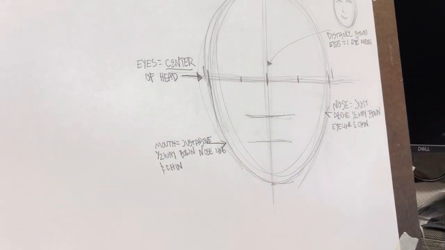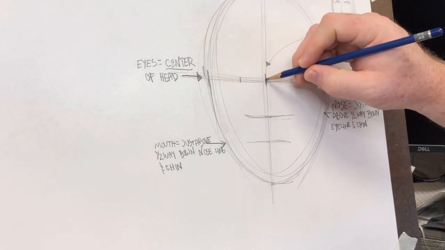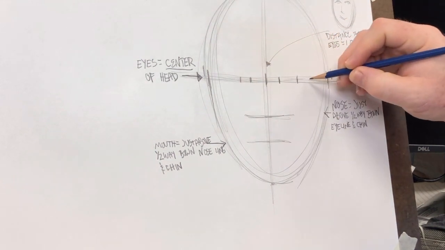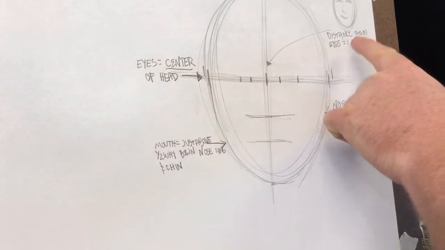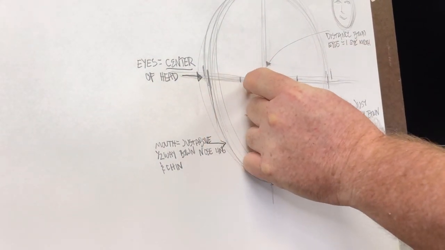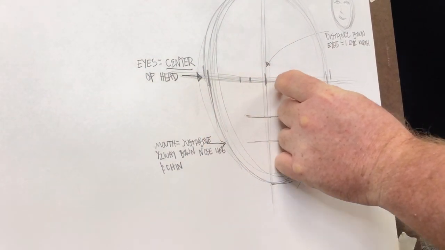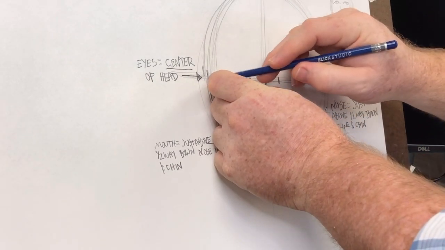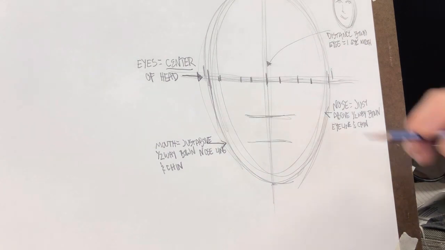Now, if I divide all this up, that's the middle of the face, about one eye width. So when I say distance between the eyes is one eye width, that's one eye width there, and one eye width here is about how wide the eyes would be. And so it would fit in there.